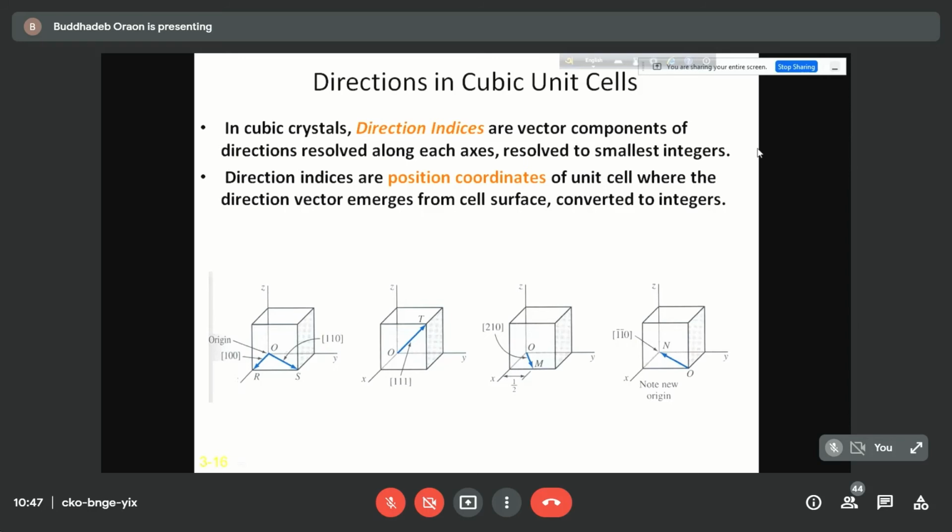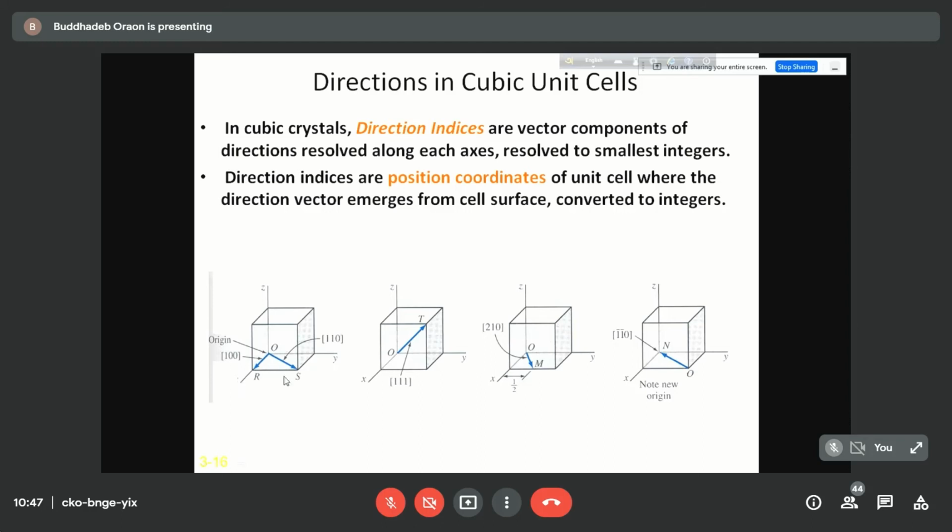Now see here, direction in a unit cell. One point is to be remembered here: when you are looking at any direction, then definitely direction is denoted by a vector. We use an arrow to denote the vector.